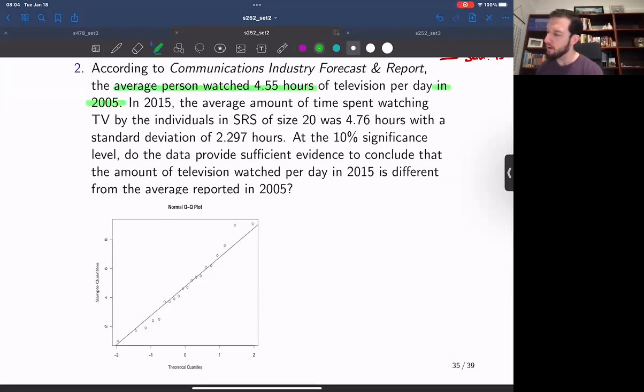And we want to run a test to determine if there is evidence that the amount of television watched per day in 2015 is different from that in 2005. So this would mean that our mu0 is going to be 4.55.